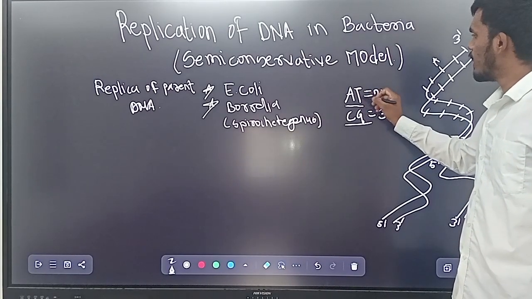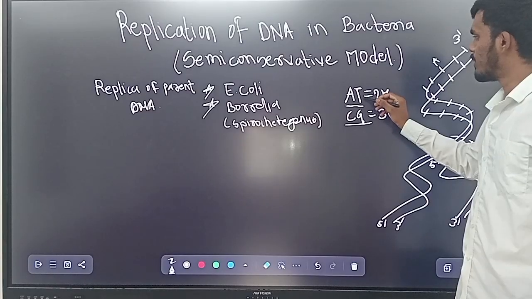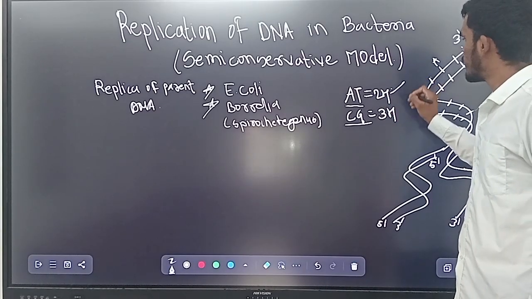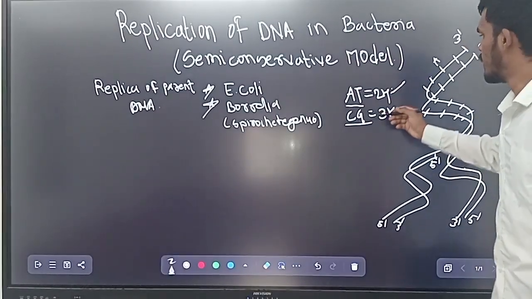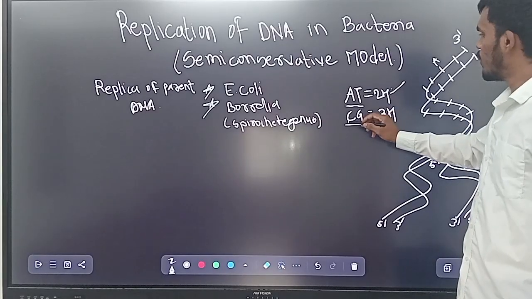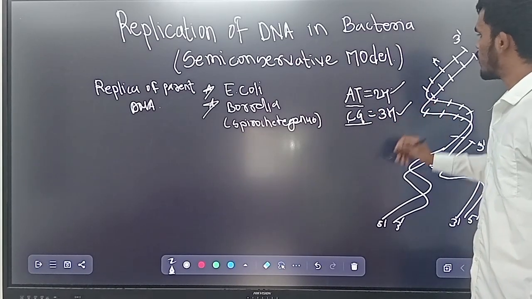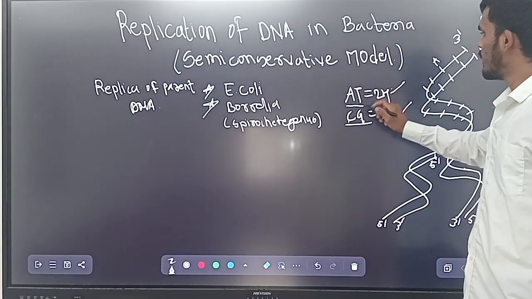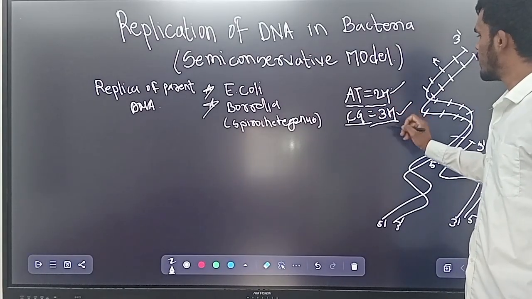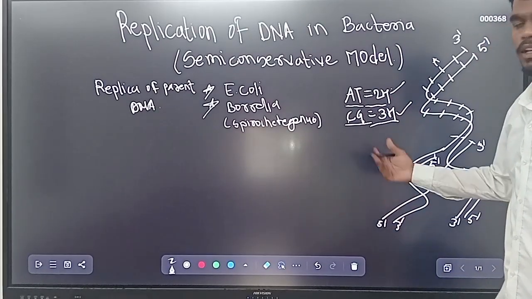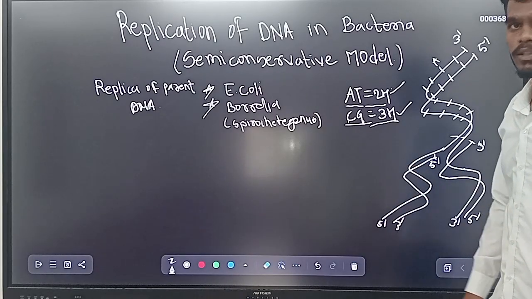Between adenine and thymidine, two hydrogen bonds will always be formed, and between deoxycytidine triphosphate and deoxyguanidine triphosphate, there will be three hydrogen bonds. This information is important and you should keep it in mind, and I will give the significance of why it is important.